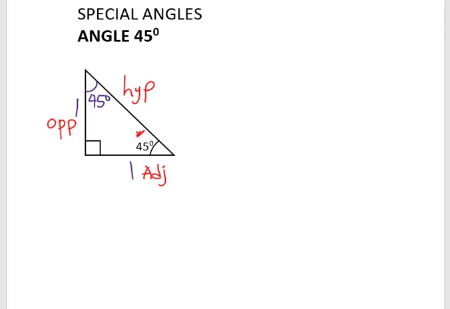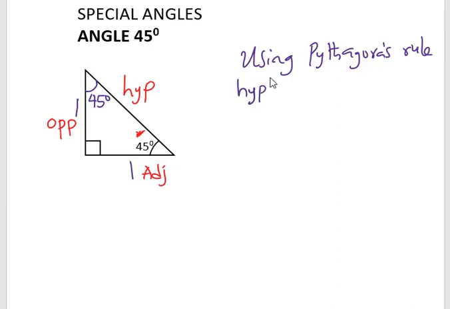Now we know the sides, but we don't know the hypotenuse. So what can we use to fix that when we know the sides and don't know the hypotenuse? We can use the Pythagoras rule or theorem. Using the Pythagoras rule, hypotenuse squared is equal to opposite squared plus adjacent squared.